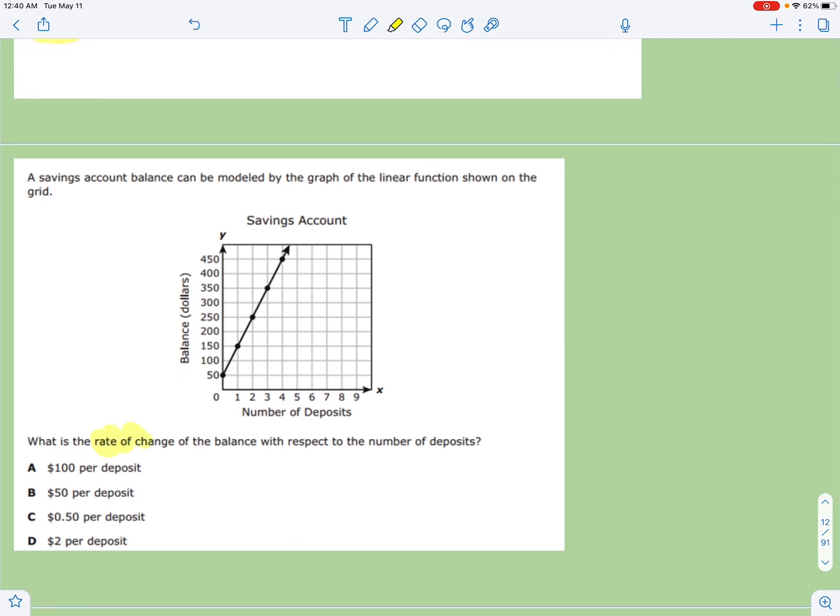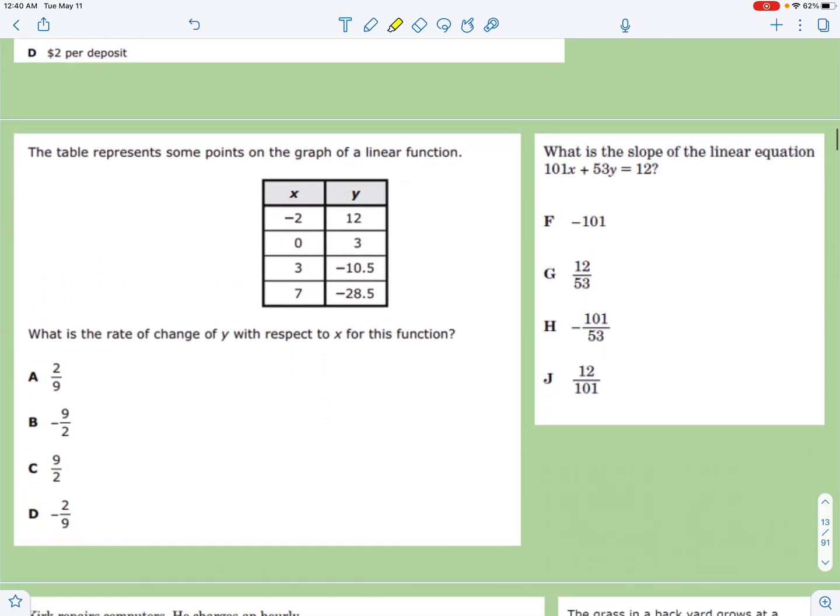This next one, it says, what is the rate of change? We already have points identified, so we're finding our rise over our run. We rose from 150 to 250, so that's 100. And we go from 1 to 2, so that's 1. So our answer is A. Right here it's asking for the rate of change.